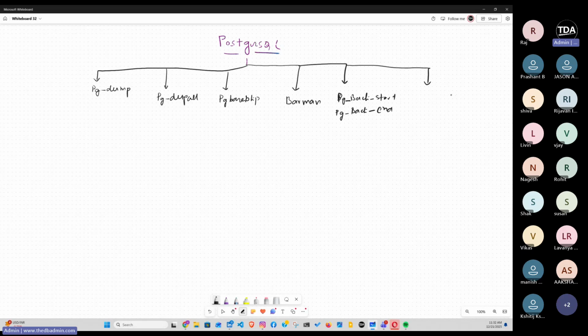We are not using them, like WAL-E, WAL-G, and Barman. We have OmniPITR, if I'm pronouncing it correctly. We have PITRery, we have Barman, we have pgBackRest. There were a lot of things in the past, but currently in the last 5 to 6 years, pgBackRest is the most popular tool we are using.